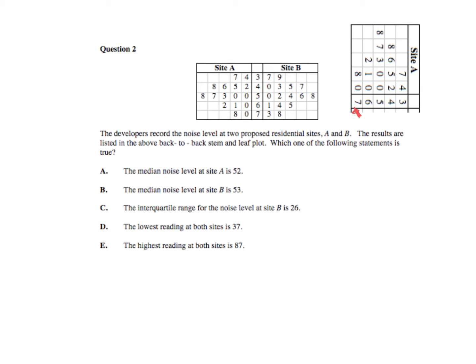Not the lowest. So when you're on this side, it's the reverse. So this one has a lot of the data at the start and then tails out. So this one is positive skewed.